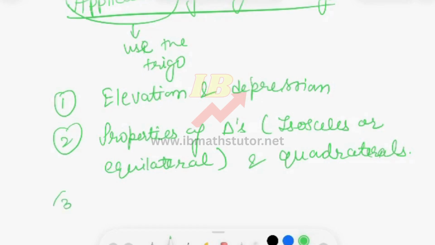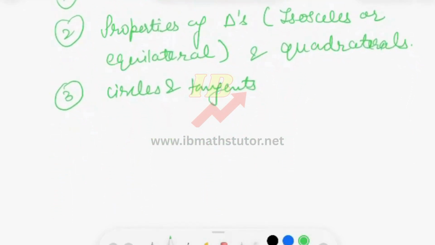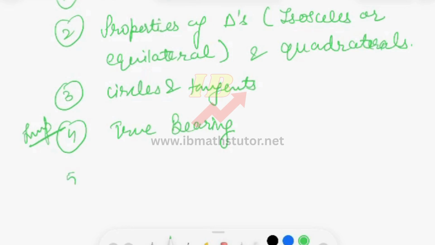Third is circles and tangents. There are many parts where we can easily use trigonometry to find real and quick solutions. Next is true bearing. True bearing is going to be a very important part of your syllabus. Fifth could be three-dimensional shapes.